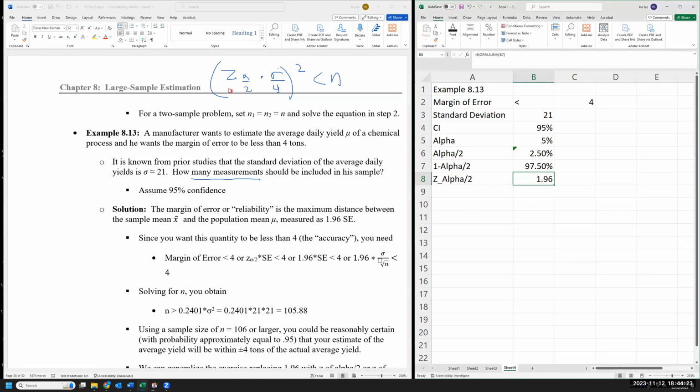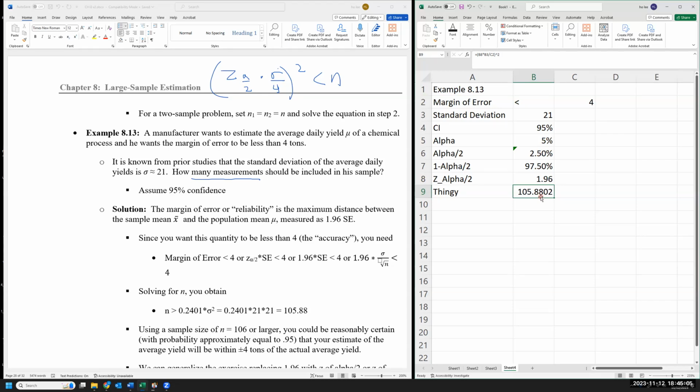Okay. So we have 1.96 and 21 divided by 4. Let's calculate this thingamabob. I'll call this thing 1.96 times 21 divided by 4, and it has to be squared. That gives 105.88.